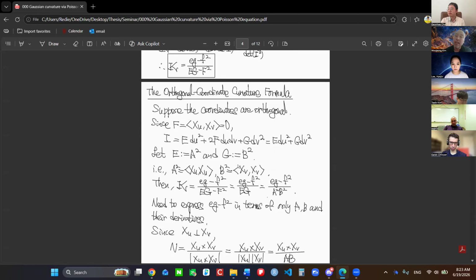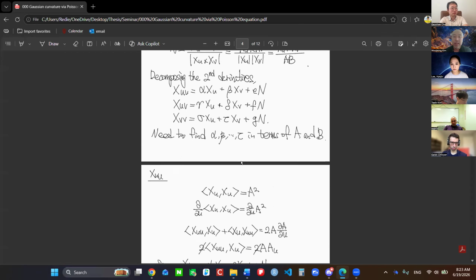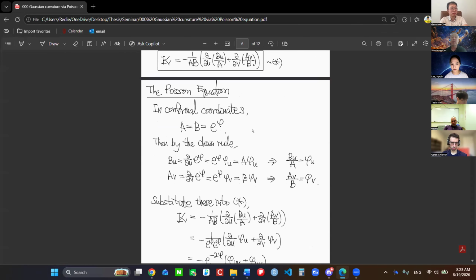So if A and B are the same, then E and G are the same. This means conformal. So in conformal systems, A and B are the same, and we're going to set E to the phi.